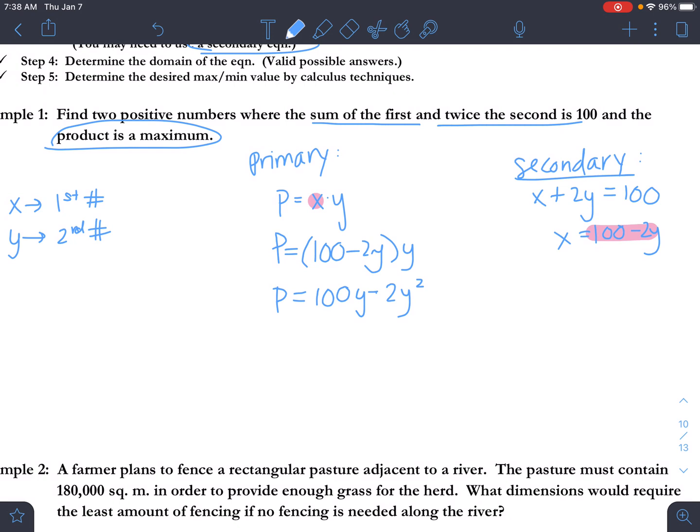And again, like I mentioned, optimization is still finding maxes and mins, aka using the first derivative test. So we're going to take the derivative, P prime, we get 100 minus 4y. We set it to 0 to find the critical numbers, and we get y is 25.